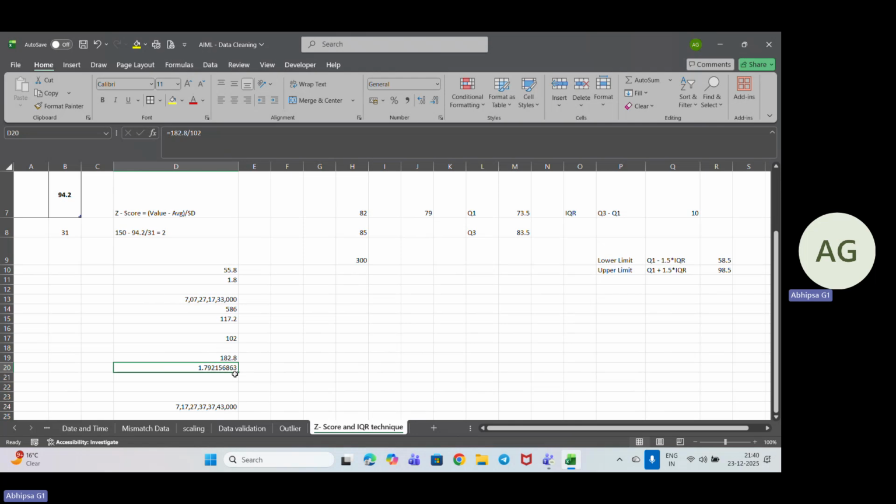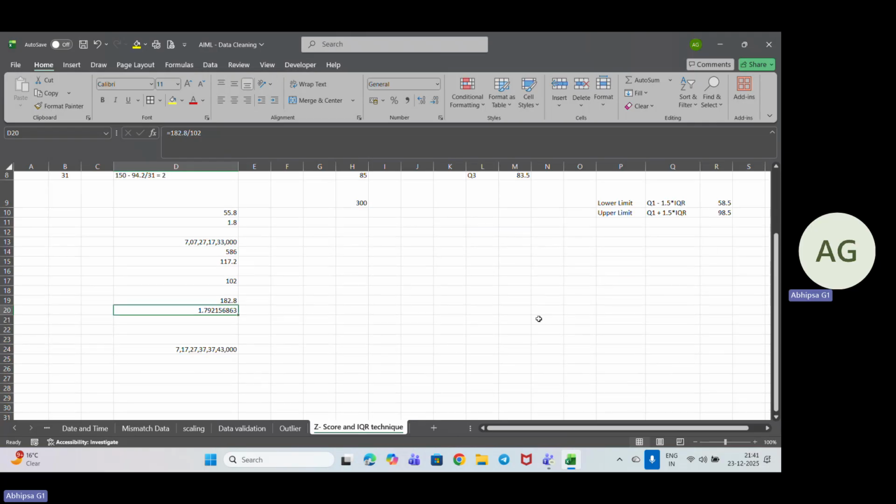Based on that proper rule, the effect of outliers is what we are getting in the case of Z score, but in the case of IQR, there is no such effect from outliers. Okay, so this is all about the IQR and Z score.